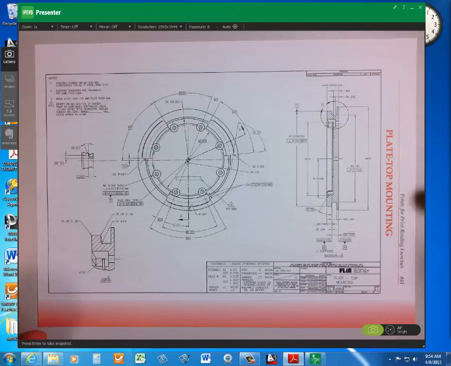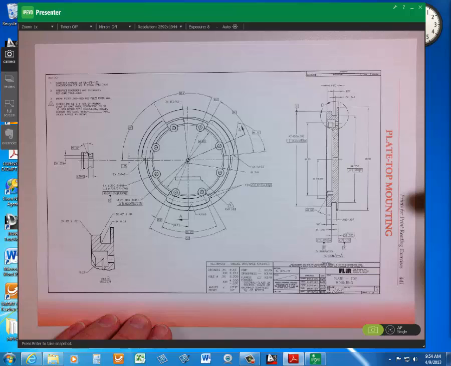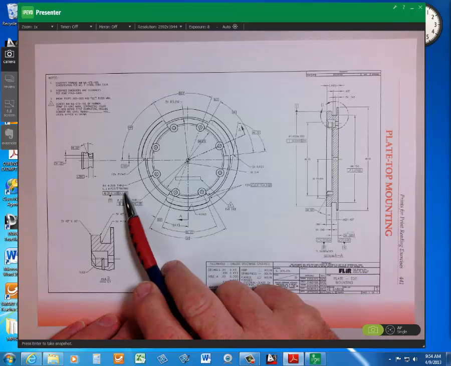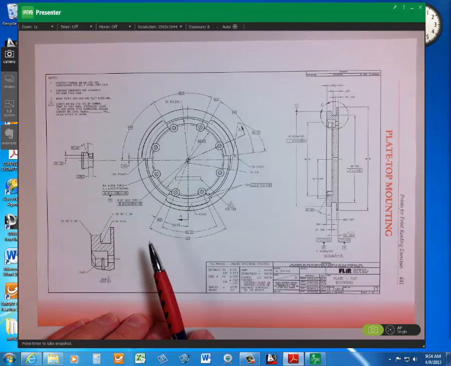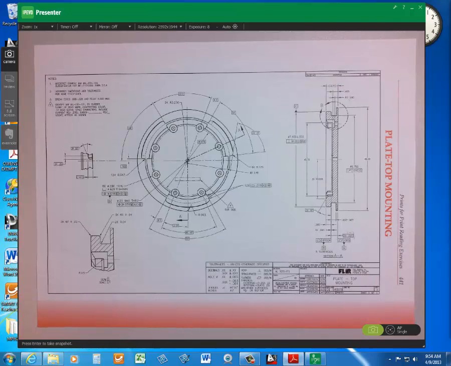Why is the same feature control frame for the hole and counterbore? The positional tolerance for the hole and the counterbore are the same. That's his answer. Well, okay. It just kind of answered itself.